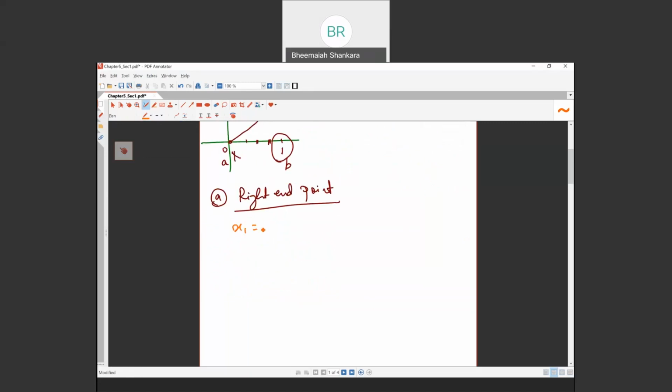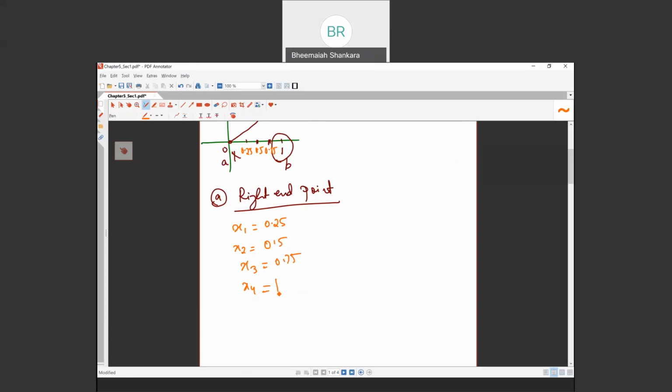I'm going to name these as 0.25, then comes 0.5, 0.75, and 1. So I'm going to write x sub 1 as 0.25, x sub 2 as 0.5, x sub 3 as 0.75, and x sub 4 is 1.